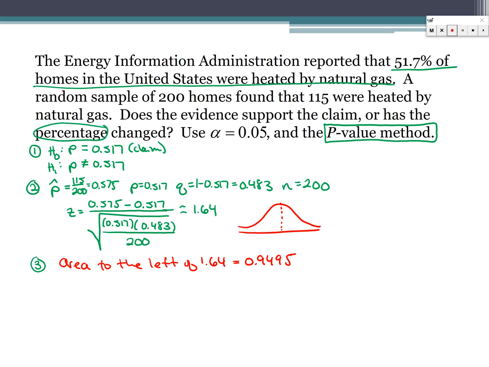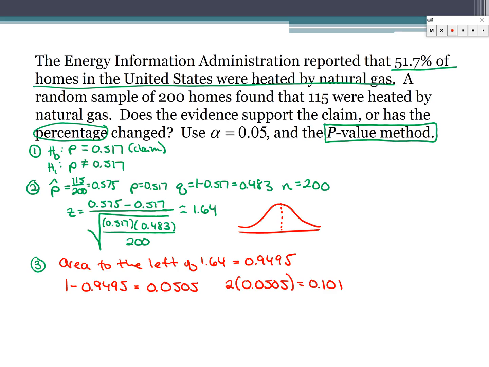So when you have the area to the left of a positive z-test value, to get your p-value, you do have to subtract that area from 1. I know we haven't done one like this together. That's why I chose the example. And then since it's two-tailed, you do have to double it.